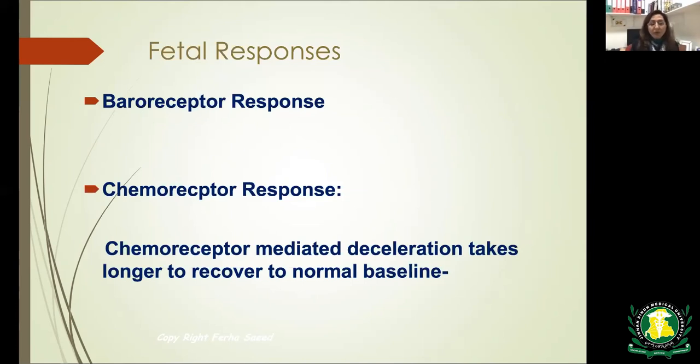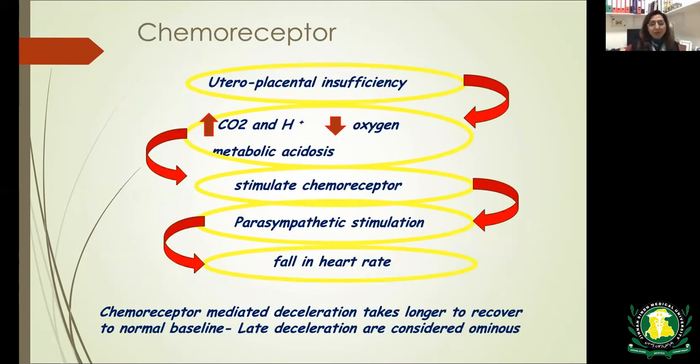However, if it is related to the chemicals, meaning hypoxia, the deceleration will be longer and will have delayed recovery. This is a demonstration of the same thing: uteroplacental insufficiency, leading to increased carbon dioxide and acidosis, which will stimulate chemoreceptors, leading to parasympathetic stimulation and a fall in the fetal heart rate. And they take longer to recover to the normal baseline.